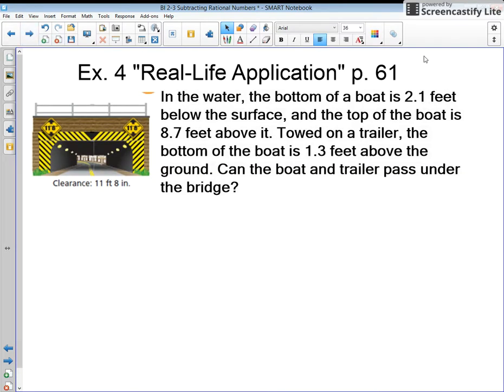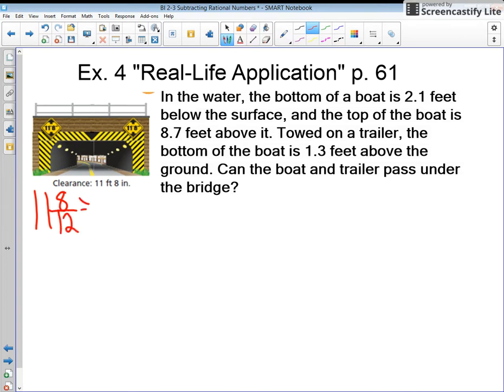Example 4 is a real-life application. This is on page 61. Here we have a bridge, and the clearance for this bridge is 11 feet and 8 inches. Just thinking about that in terms of decimals, I see decimals in this word problem. 11 feet and 8 inches means 8 inches out of 12 inches in a foot.